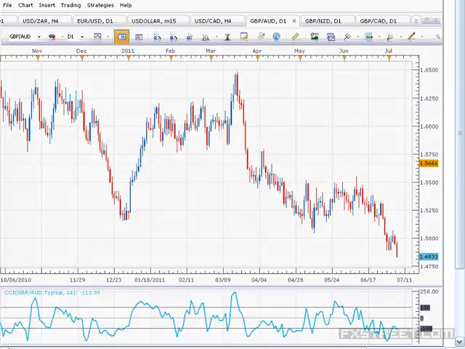So I would much rather enter into some false breaks, get a couple of stabs at it, and have a tighter stop. And when I do catch that strong breakout, I'm able to collect all those 10, 20, 30, 40 pips that I may lose if I'm being conservative. So I'm just going to enter on that trade when price hits the particular area. Entry orders are a great way to trade with this strategy.